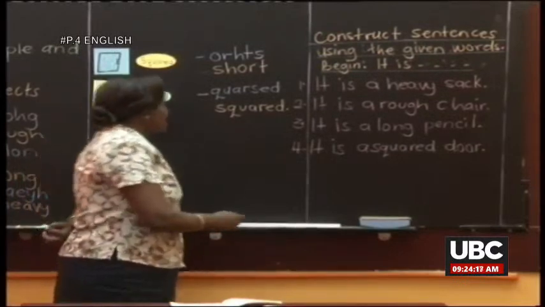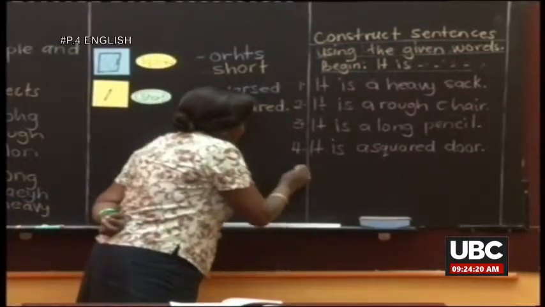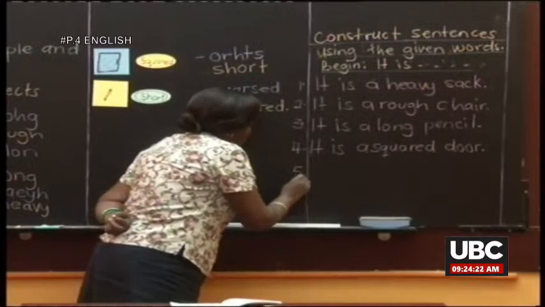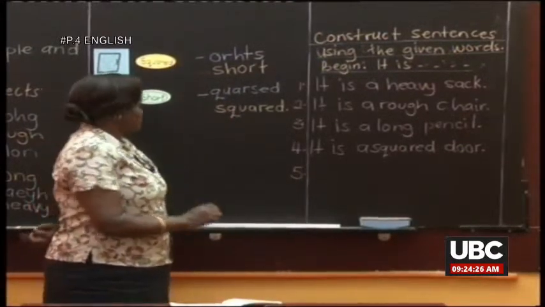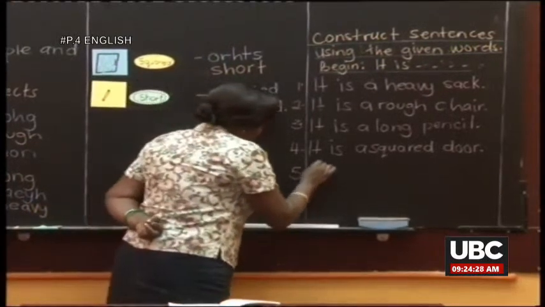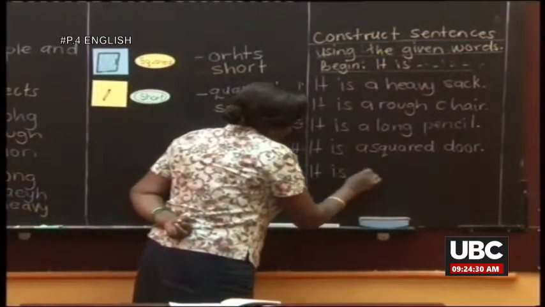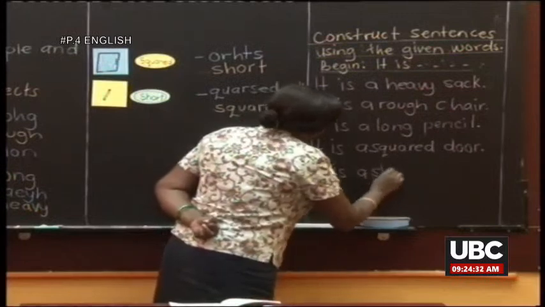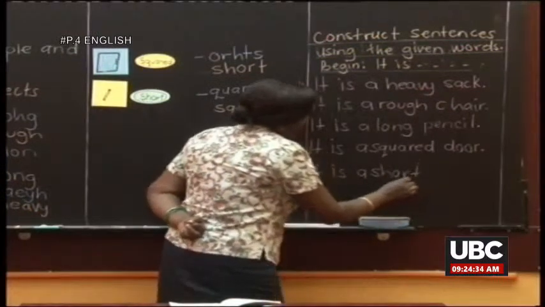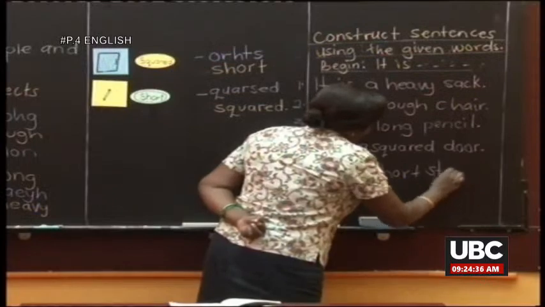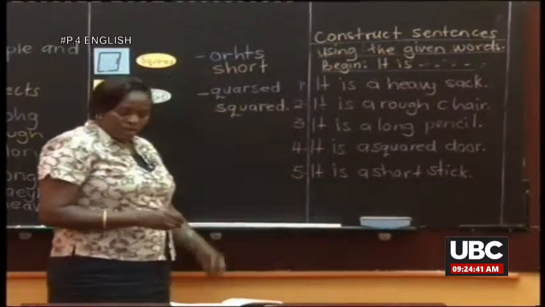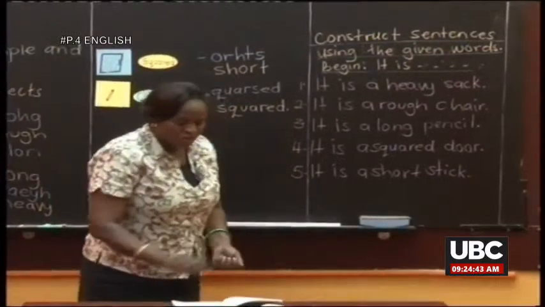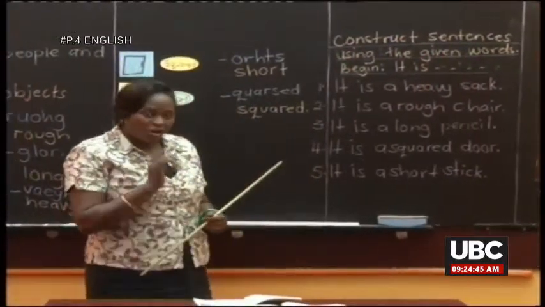Let's get our next sentence, which we are going to call sentence number 5. And we say, it is a short stick. Yes, we have tried to get very simple short sentences, but they are correct.